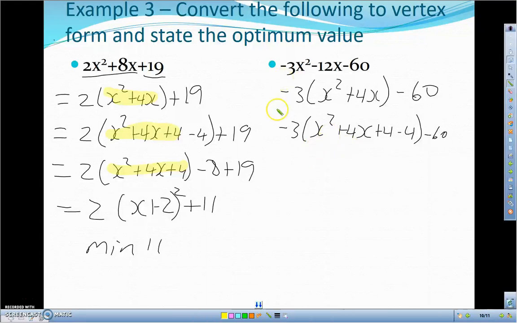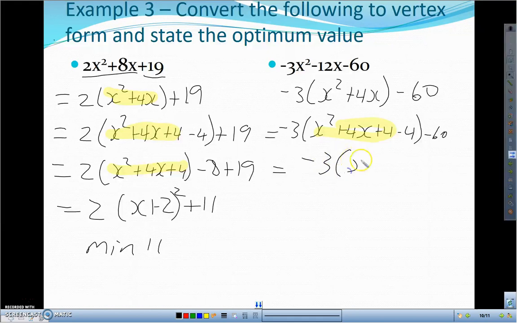This one right here we're going to do in one final step, which is going to turn that into minus 3 bracket x plus 2 squared. We're going to take out the minus 3 times the minus 4, which turns into plus 12. Minus 60 is equal to minus 3 bracket x plus 2 squared, minus 48. And that is a maximum.